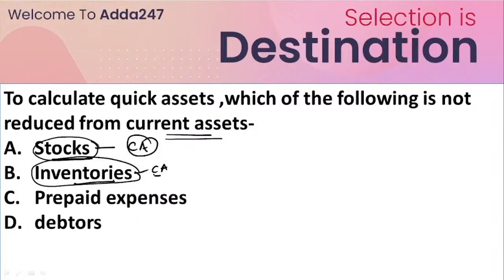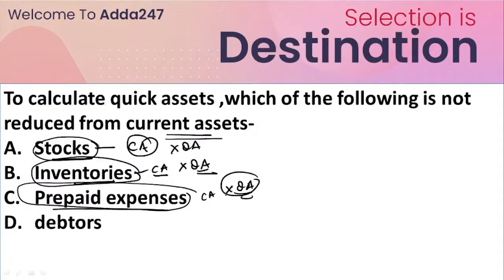Inventories are a part of the current assets, but not a part of the quick assets. Prepaid expenses are also current assets, but not quick assets. Prepaid expenses mean the expenses that we have already paid. They go under current assets, but are not a part of the quick assets.